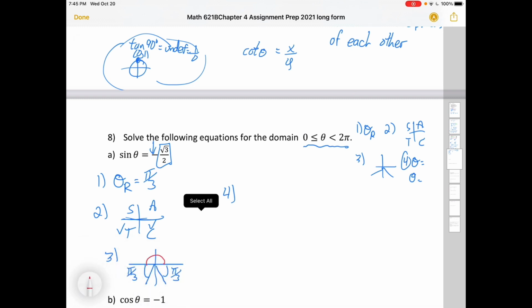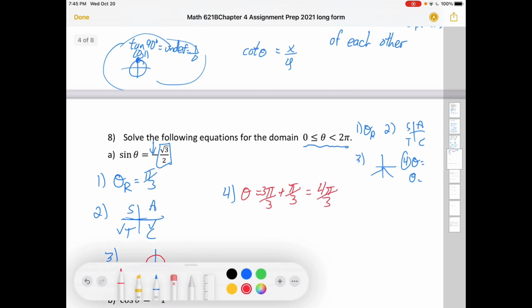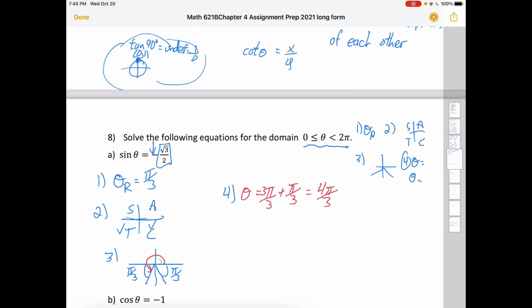So let's see. There's one of the answers. How would we define that? That is 180 degrees plus another pi over 3. So 1 pi is like 3 pi over 3, and there we go, 4 pi over 3. I'm going to grab another color and do the other one that I come across.